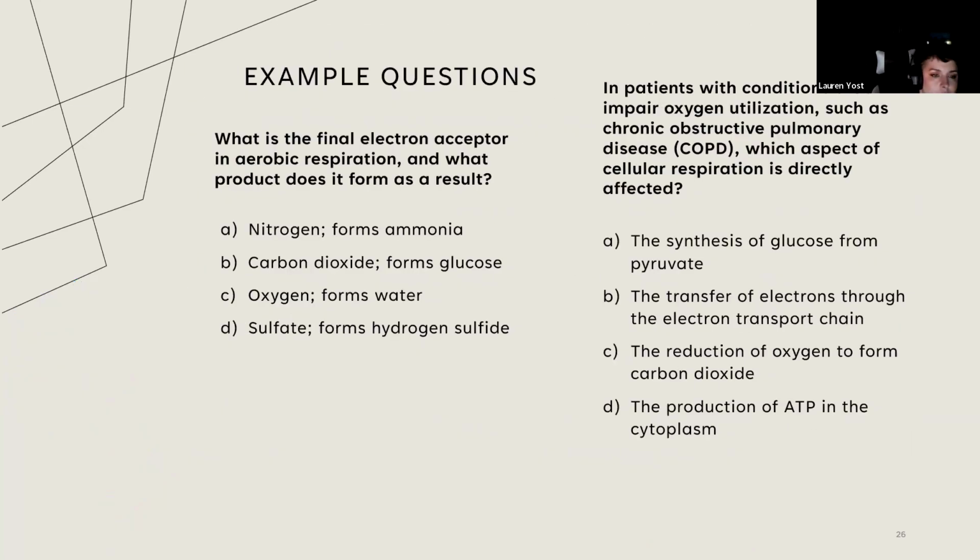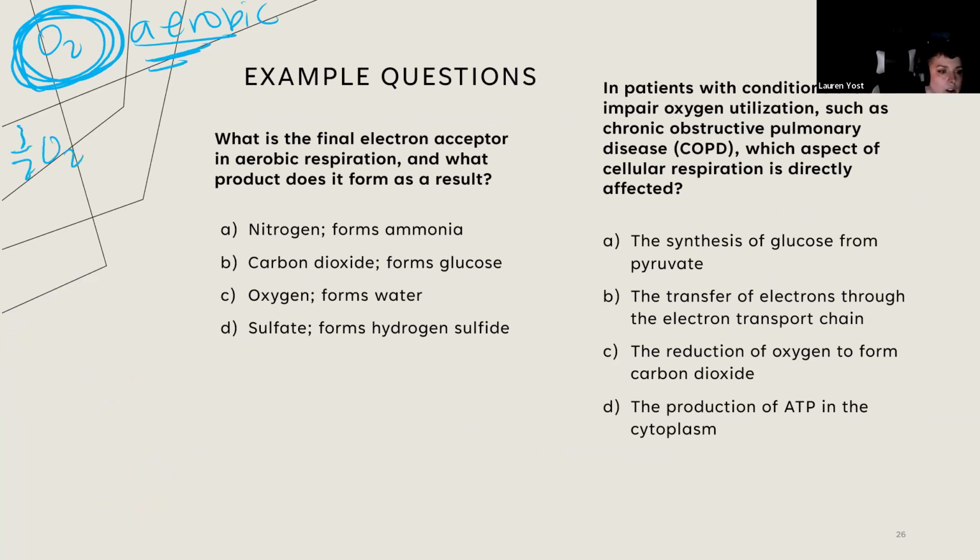So what is the final electron acceptor in aerobic respiration, and what product does it form as a result? Well, we've said oxygen is basically what makes it aero in the aerobic. And we are going to be basically taking half O2, with 2 H pluses and 2 electrons, and all of that's going to allow us to make water as a product.